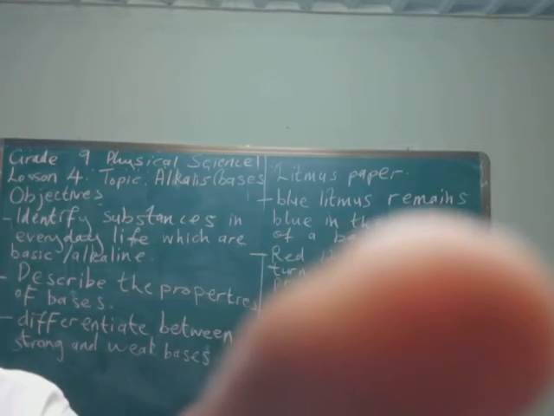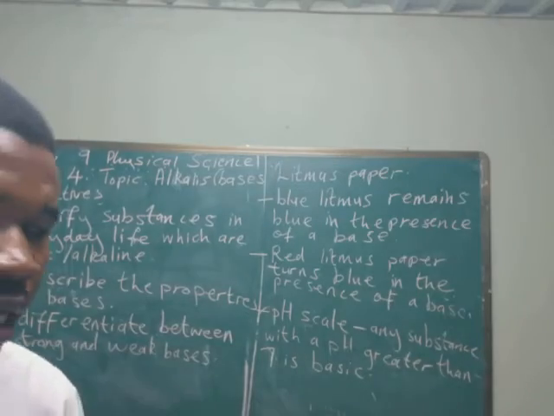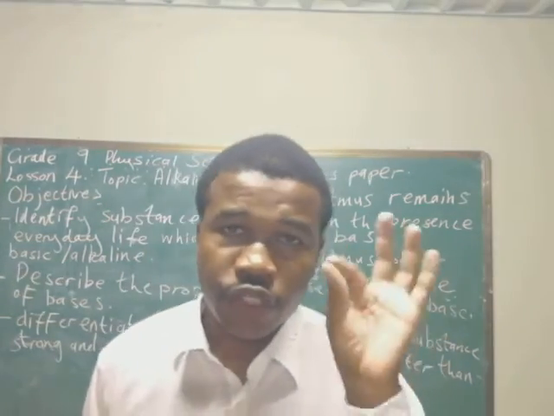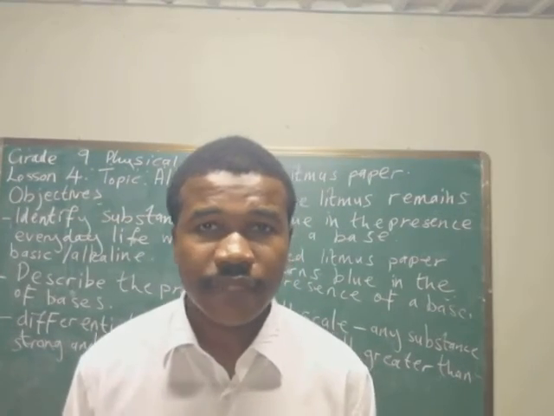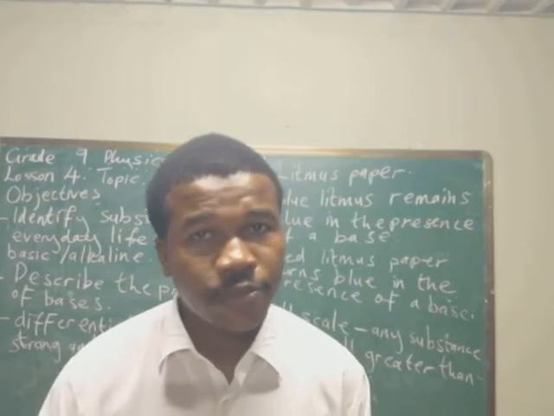Blue litmus paper remains blue in the presence of a base. So if you have blue litmus paper and you dip it into an unknown substance, remember we are testing unknown substances here, right? You're just given a liquid, you don't know whether it's acidic or basic.